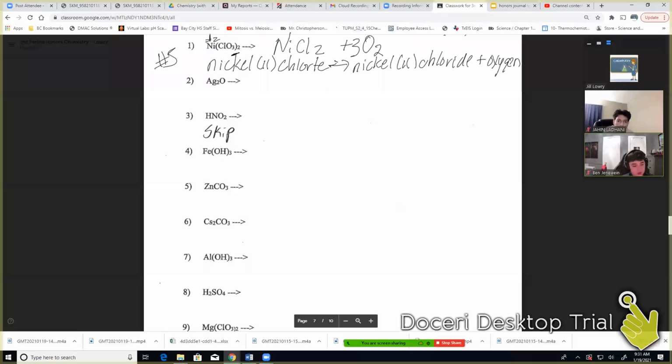That 2 has to be included because it's a transition metal that can have more than one charge. And with that, if it's a +2 on the reactant side, it's a +2 on the product side. They don't change charges as they move across from reactants to products. Also, that is oxygen, neutral oxygen. It's not oxide. So if you wrote oxide instead, that would be wrong.